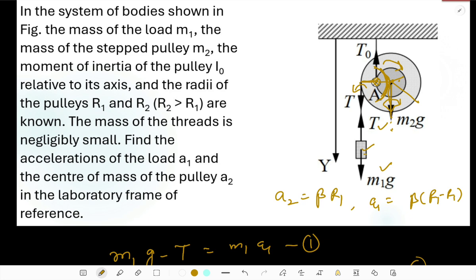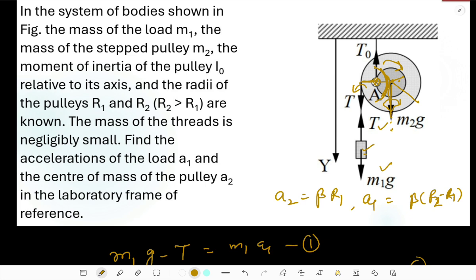But this is not according to our axis of rotation. We promised ourselves that all the acceleration, sorry, its name was A1, and A1 equals beta (R2 minus R1). I had already written R1 minus R2, but this should be R2 minus R1. All right, now what? This is in an anti-clockwise direction.